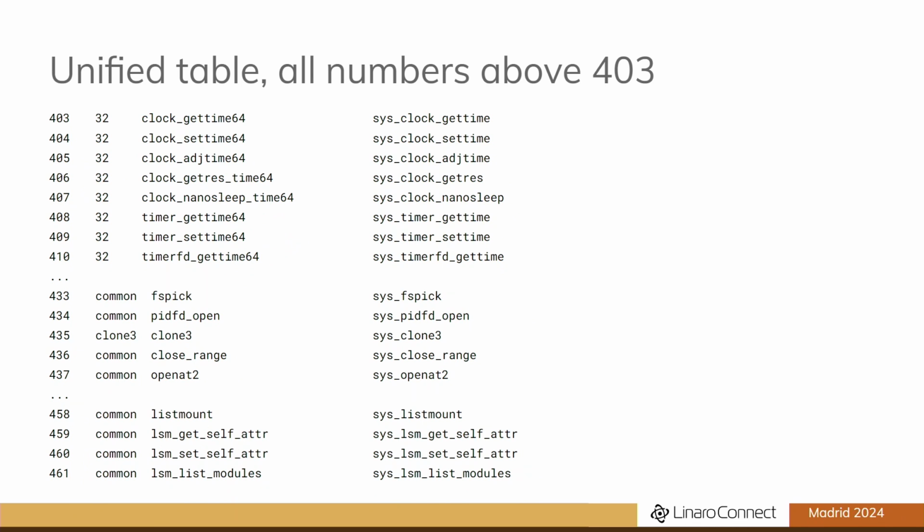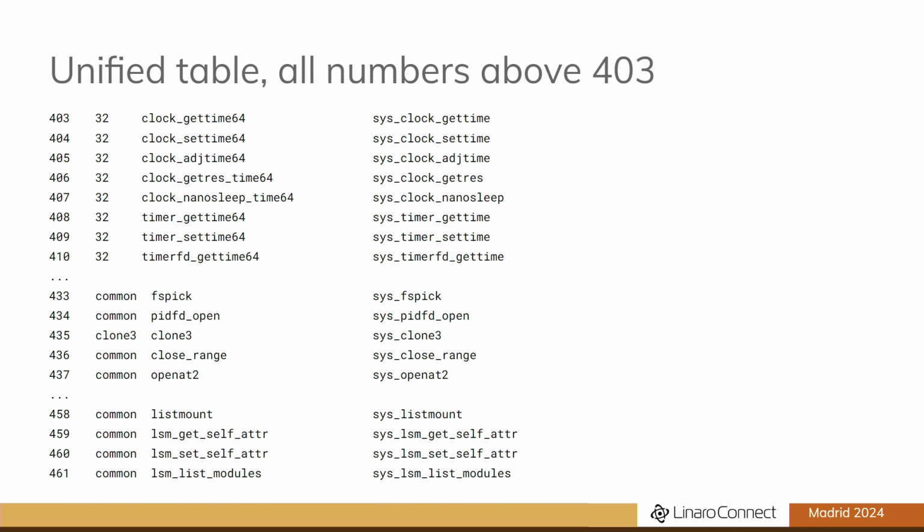The only complication is alpha, which has different numbers because they have more system calls, and we ended up like they have 110 system calls more than all the other architectures. So there needs to be a small quirk in that. But other than that, I think that's what we'll end up with.